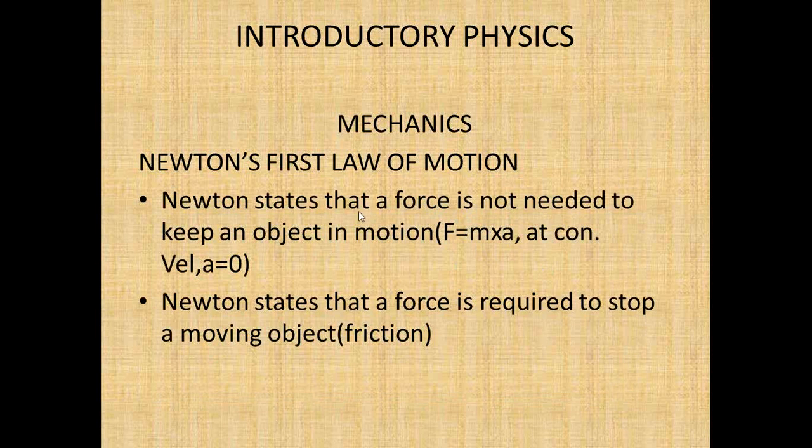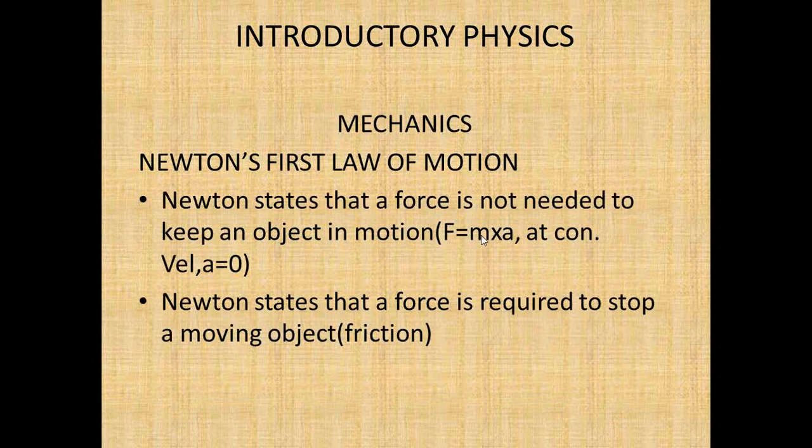Remember from the earlier lecture, acceleration is a change in velocity. So if you have constant velocity, there is no acceleration. Hence, the force, which is equal to mass times acceleration, is equal to the mass times zero.